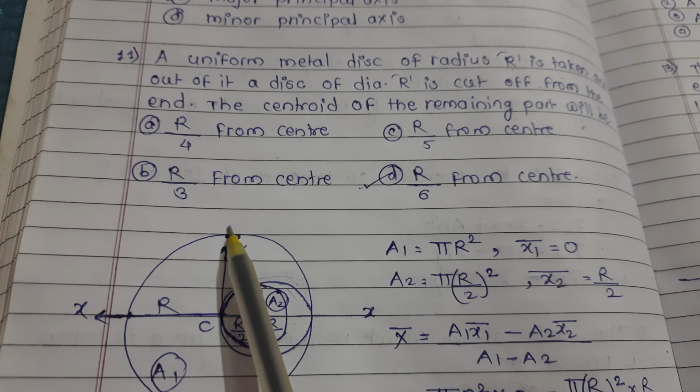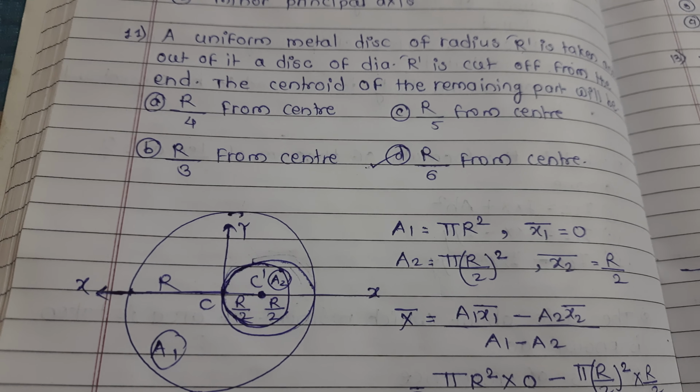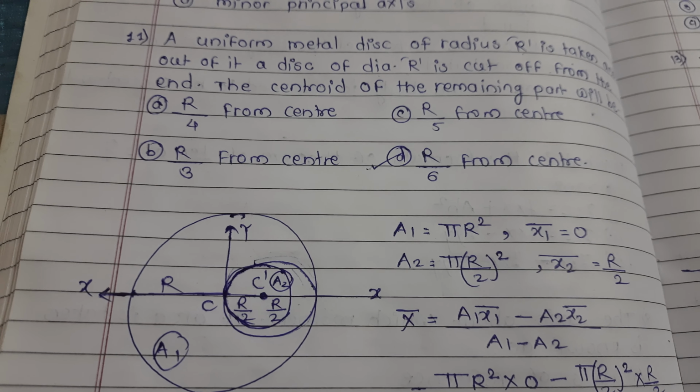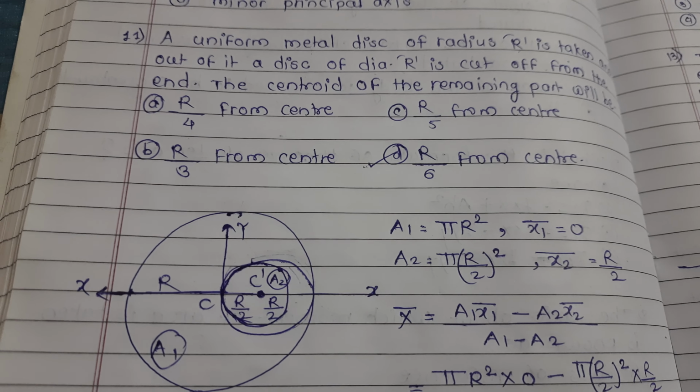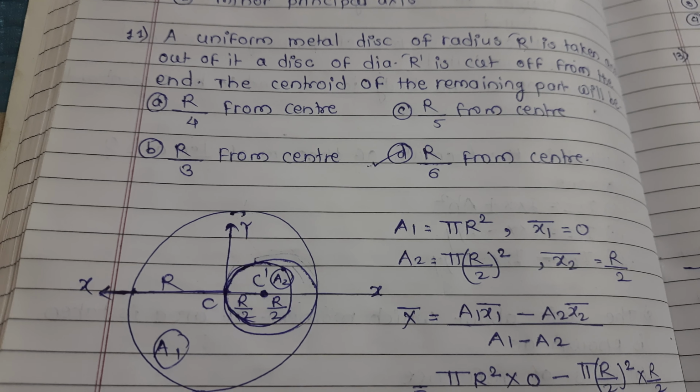Let's start. A1 is pi r square, x1 bar is 0 because we already studied that when the figure is symmetrical about both axes, then x1 bar is 0, and y1 bar is also 0. Then A2, for the small circle, is pi into r by 2 square.